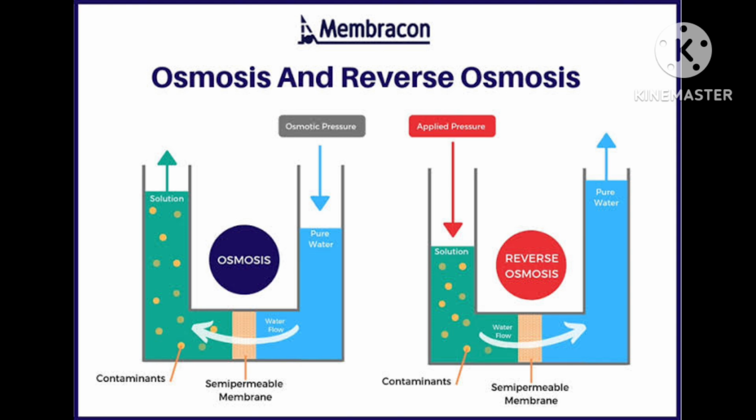The film may rupture under excessive pressure. The semi-permeable membrane has a big role, and it depends on its own film. Through that film water has to pass, that will filter actually.